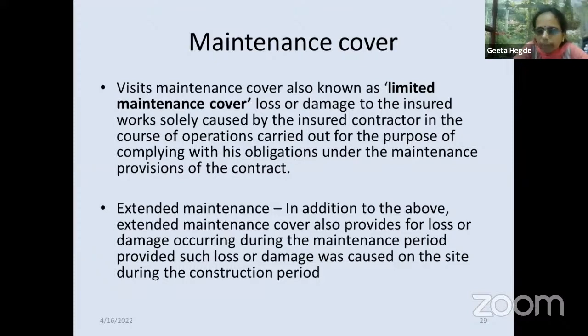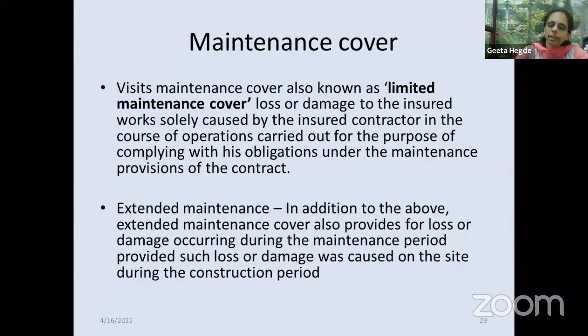In addition to the above, which means what is given above is already covered. That is, when the erection or construction period is over and maintenance work has started, any loss or damage happening in the maintenance work is covered above, so that also gets covered. In addition to that, extended maintenance cover also provides for loss or damage occurring during the maintenance period, provided such loss or damage was caused on the site during the construction period.